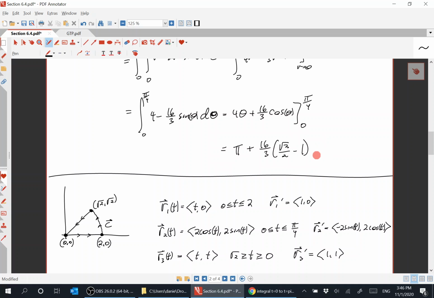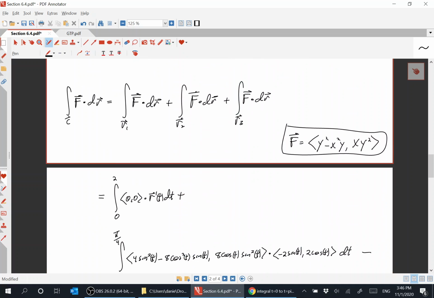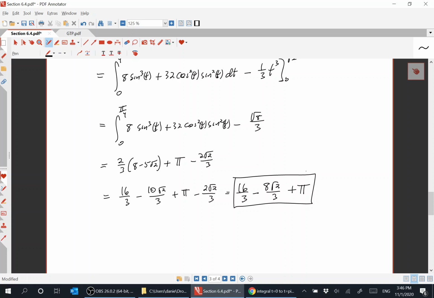Right, so that's what that one is as well, right? It's pi plus or minus 16/3 plus 8 root 2 over 3. Pi minus 16/3 plus 8 root 2 over 3.